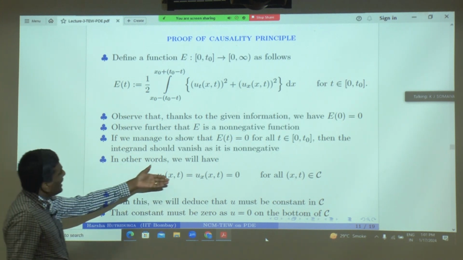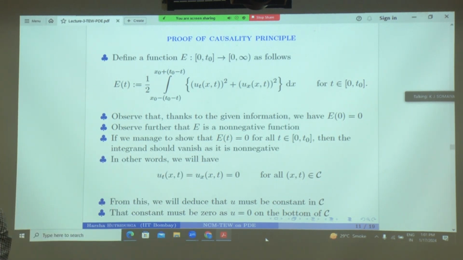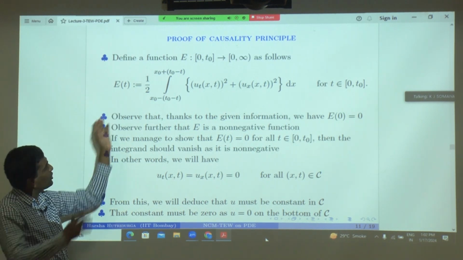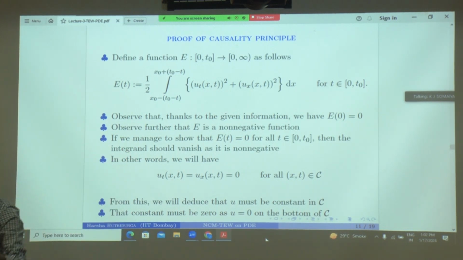So we will eventually show that E is a 0 function from 0 to t naught. Is the strategy clear? And our goal now is to just show that this horrible looking expression is a 0 function. Even though we have made it look overly complicated, there is nothing in it. It's just a 0 function. We have to eventually use the fact that u solves the wave equation. We have not used that, so we will use that. So, in the last 4 or 5 minutes, we will finish.